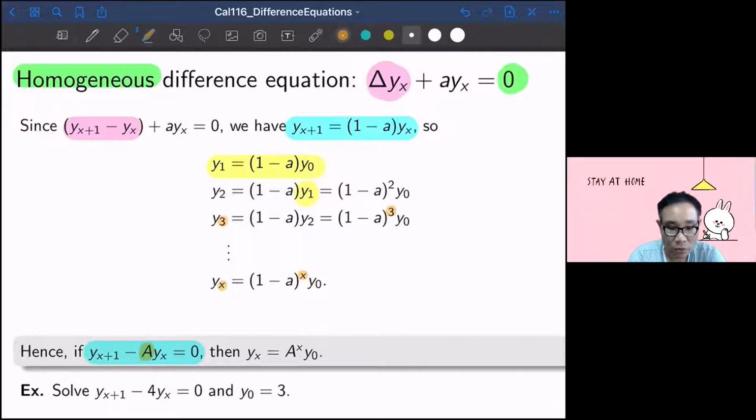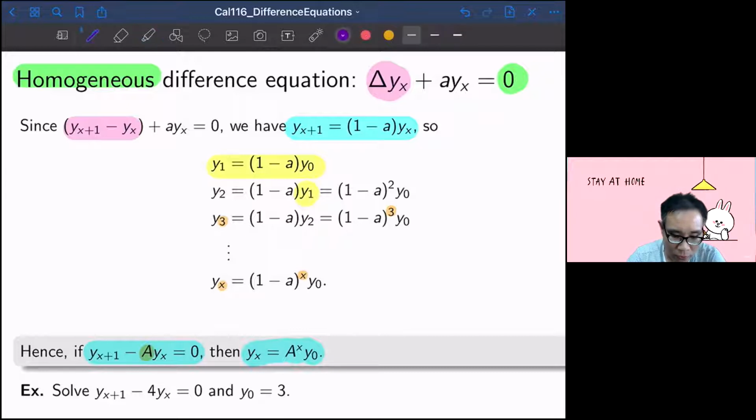So for y_(x+1) minus a y_x equal to 0, you're able to get y_x in terms of a and y_0. You get y_x equal to a to the x times y_0, like in this case. This one is important and you need to know this formula.